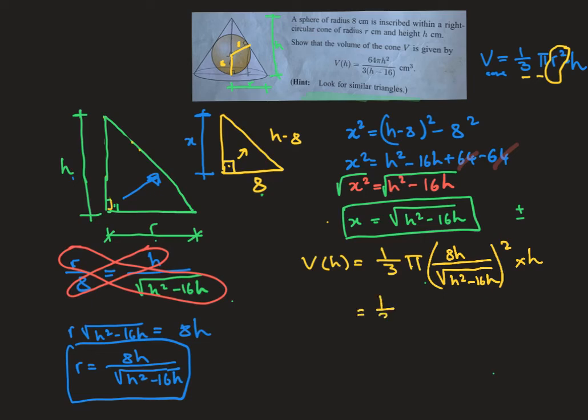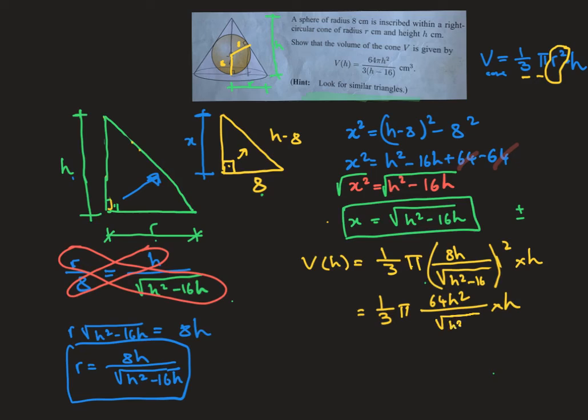Again, a little bit of algebra. Lucky we love algebra. Because when you have brackets to the power of 2, it means that everything inside is to the power of 2. I think I'm trying to delete everything. So 8h is to the power of 2, and whatever is in the denominator is to the power of 2. And, okay, I wasn't thinking of having that step, but I'm going to include it.